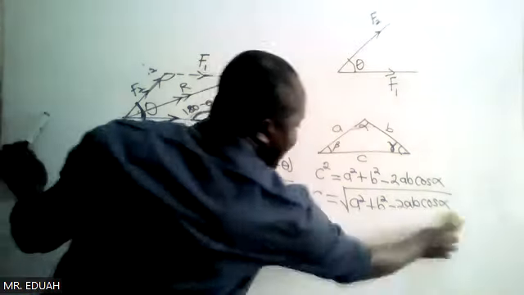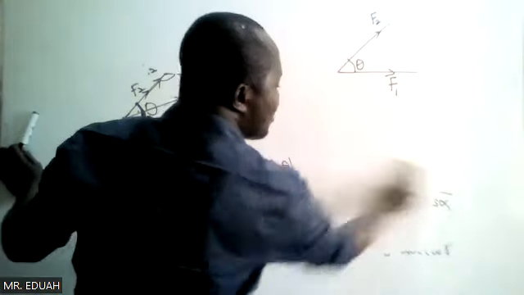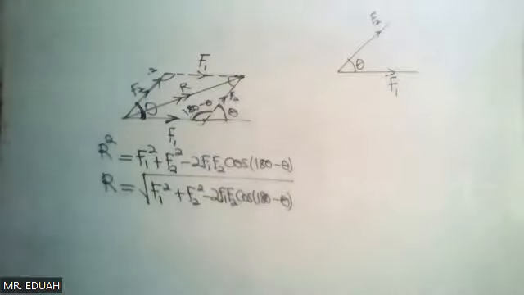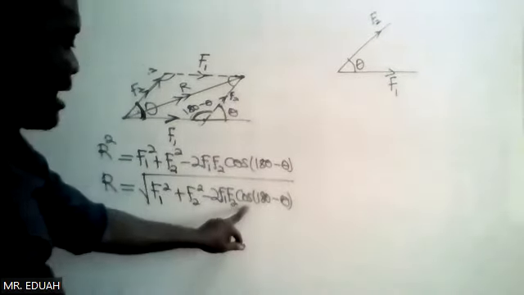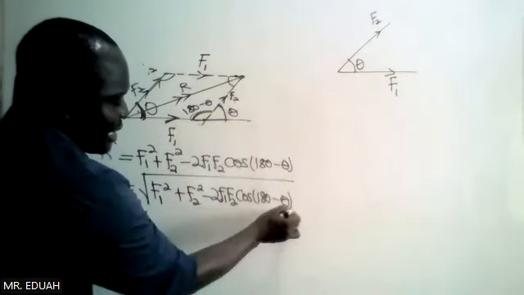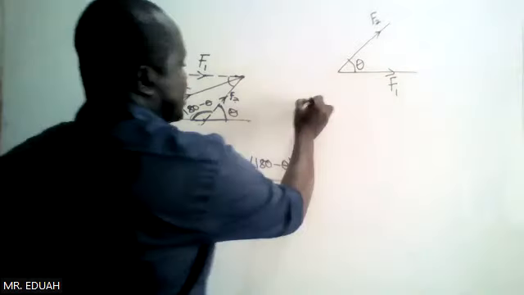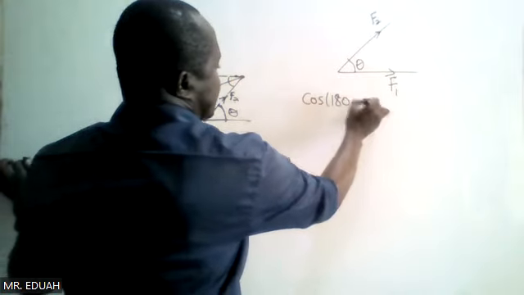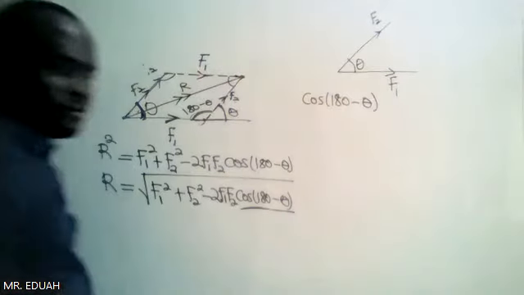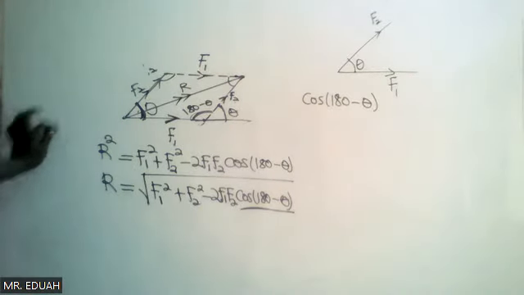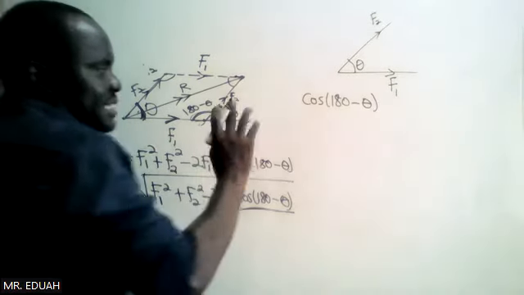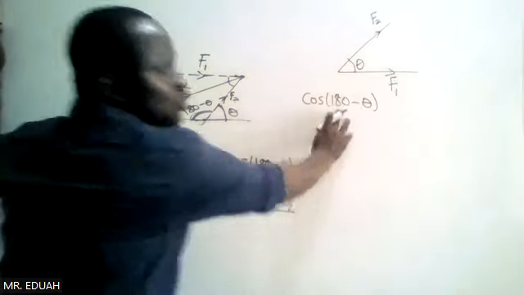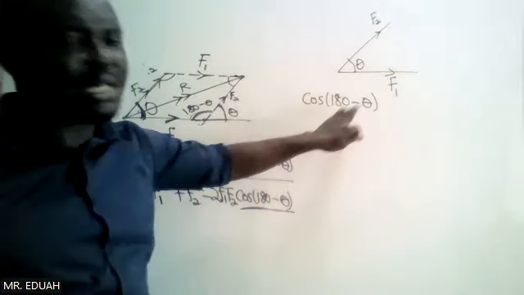Okay. But then, there's another way of simplifying this angle. And that is, I can expand this whole angle, cos 180 minus theta. The expansion of this is that here I have two angles, 180 and theta.